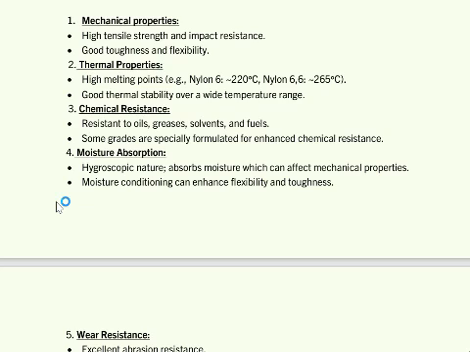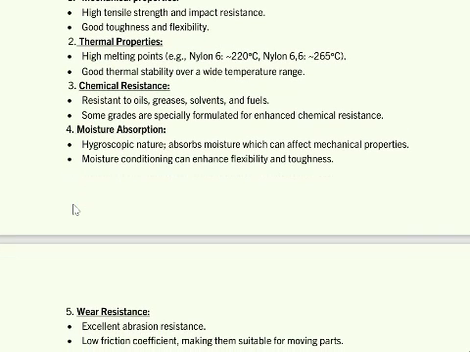Moisture absorption: the hygroscopic nature absorbs moisture, which can affect mechanical properties. Moisture conditioning can enhance flexibility and toughness. Moisture is the one thing which is taken into consideration while making polyamide resin because moisture can alter its dimensions and the shape of the polyamide resin.